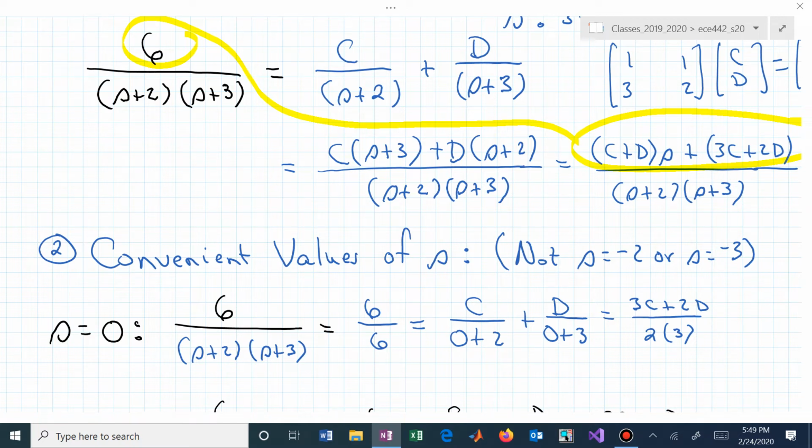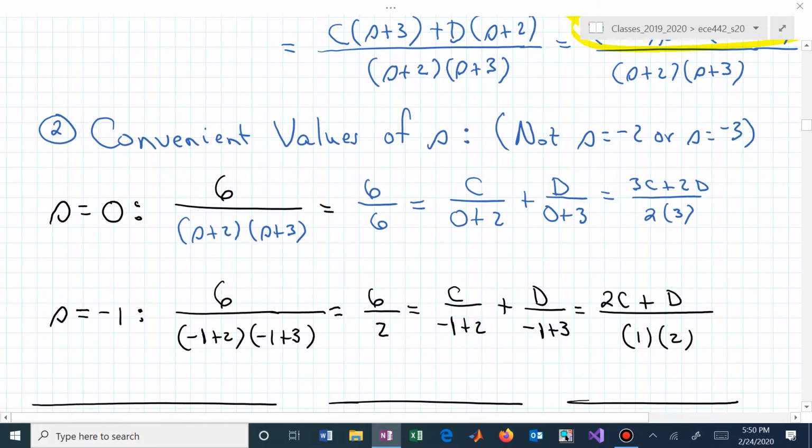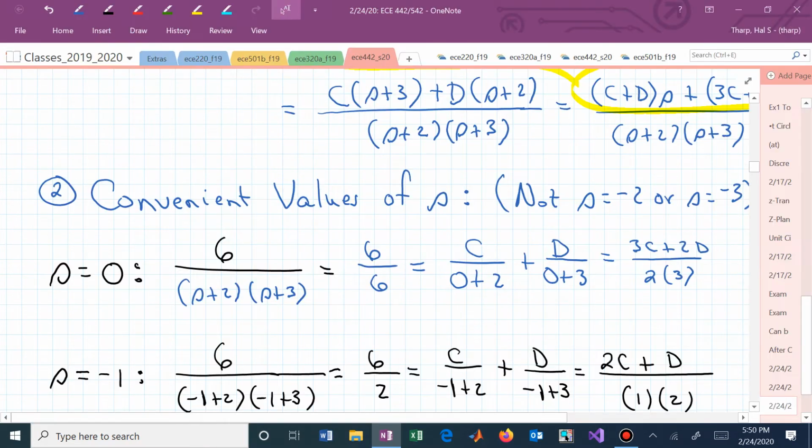I need a second one, so I need a second convenient value of s. I plug in s equal to minus 1, something that's convenient. And in this case I now have 2C plus D equaling 6.